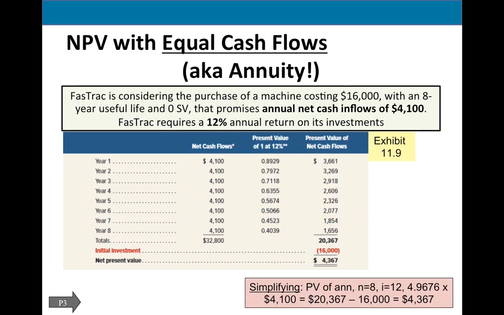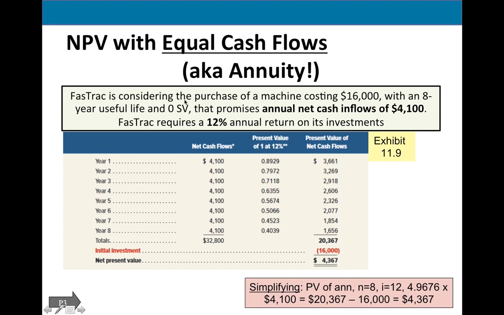If we have equal cash flows from the investment, you think about this investment as an annuity. An annuity is any kind of investment that we either receive or pay, where your cash payments or cash receipts are the same every year or every period. A pension is an annuity, right? Your mortgage payment or a car loan payment is an annuity.